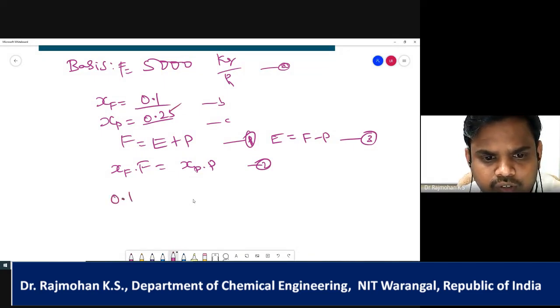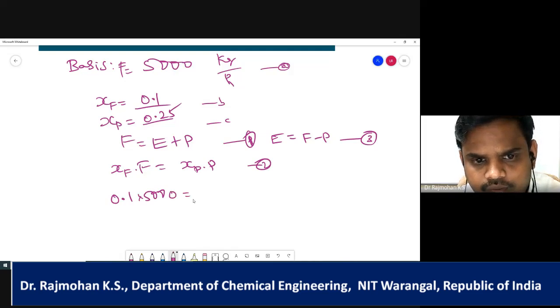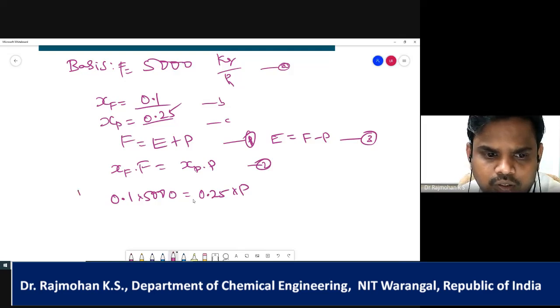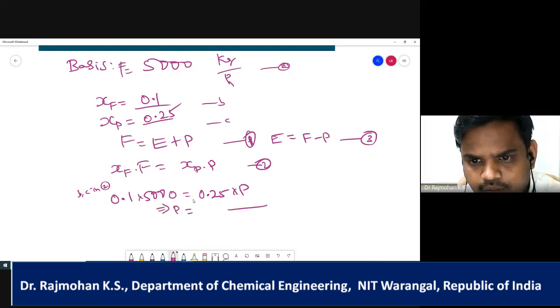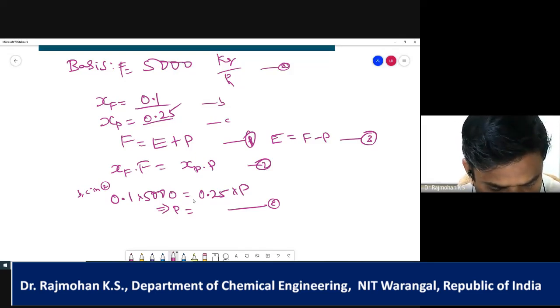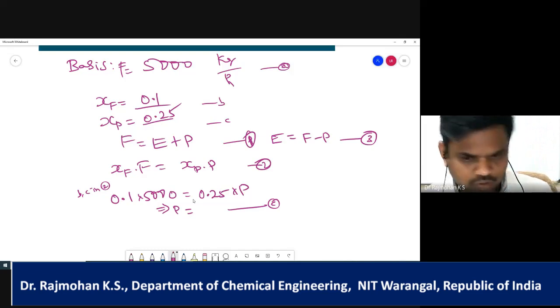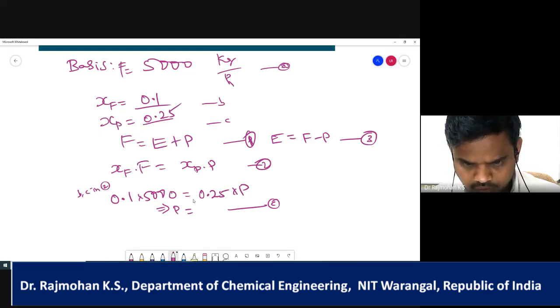So 0.1 into 5000 is equal to 0.25 into P. Substituting, we get the value of P. 500 divided by 0.25, 2000. So you'll get P value 2000 kg per hour.